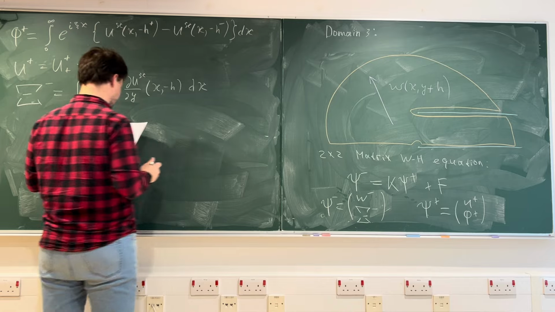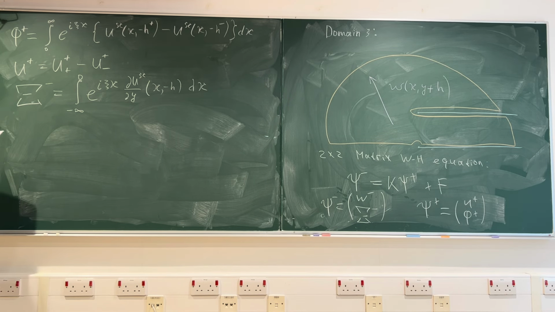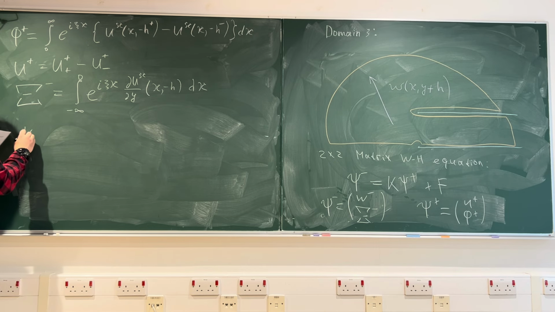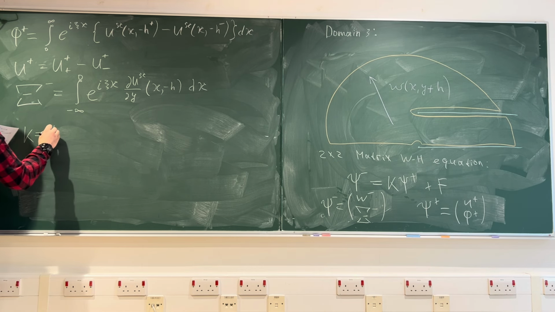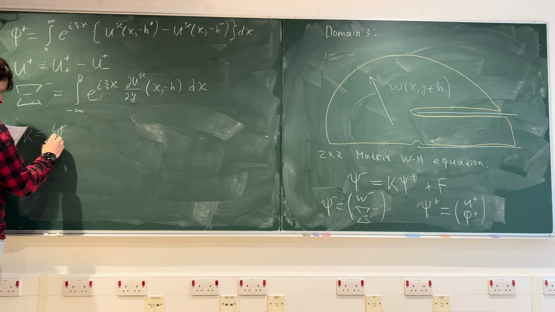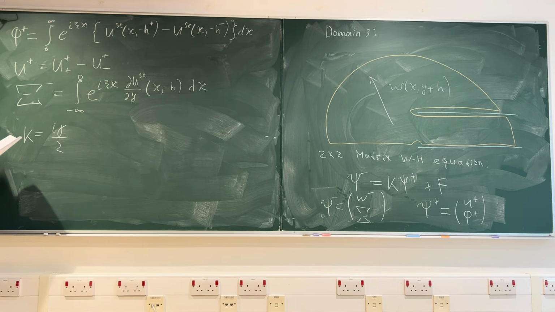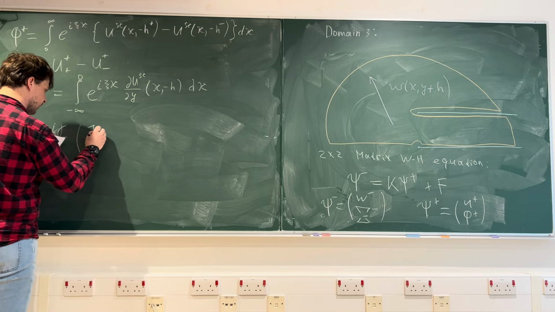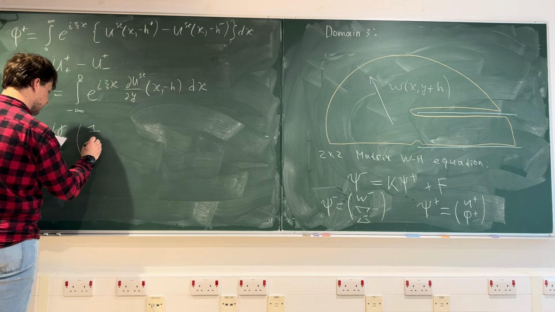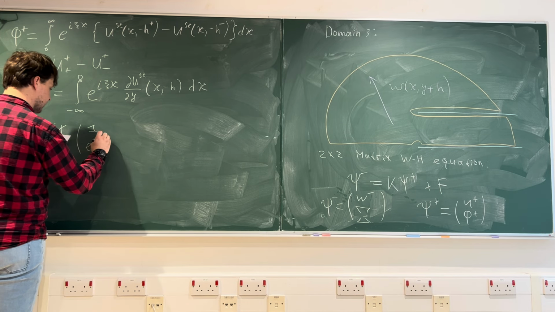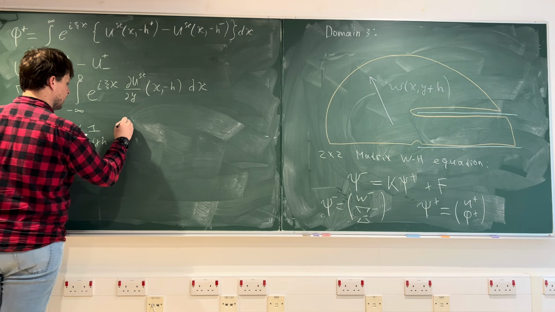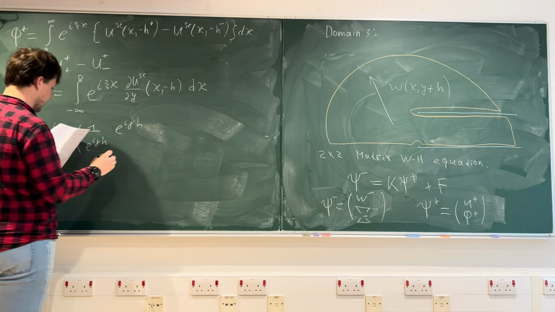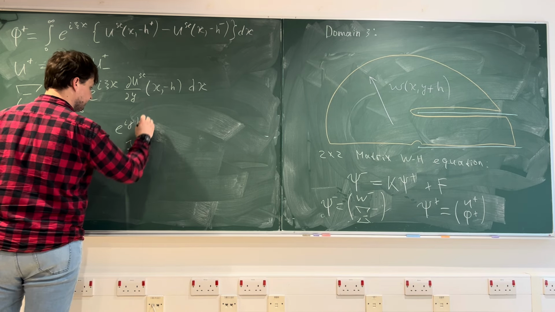The most interesting bit is the kernel, and if we know how to factorize the kernel, we know how to solve the problem. So by default, if we have a matrix Wiener-Hopf equation, we've got a lot of problems.